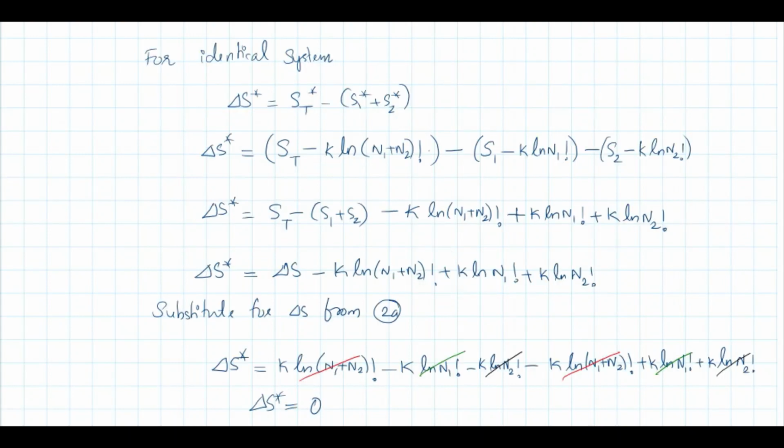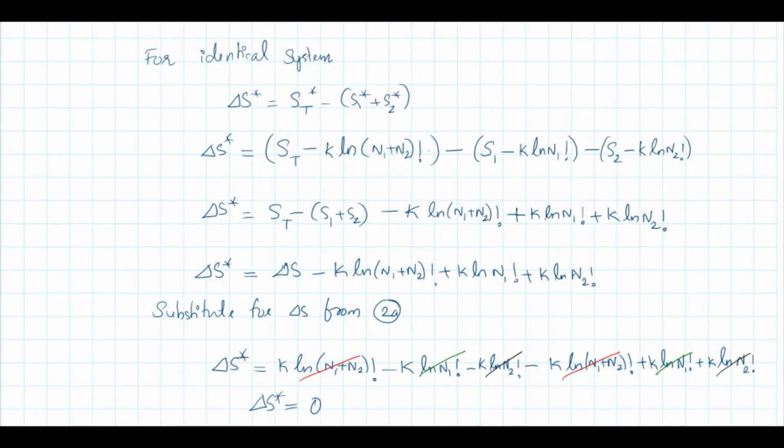Then what will be the change in entropy for the new defined quantity, delta S star? It will be St star, the final entropy star, minus S1 star plus S2 star, the initial entropy.